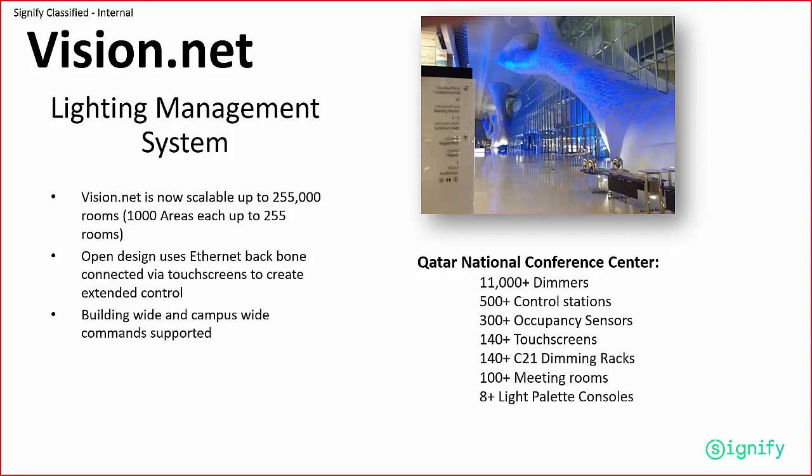So a room for VisionNet could be a section of a ballroom. It could be a classroom. It could be simply a controlled division, a dividing block, a container of controls. What is typical for our commissioning agents for a school auditorium is to put all the house lights in one room and all of the stage fixtures in another room.